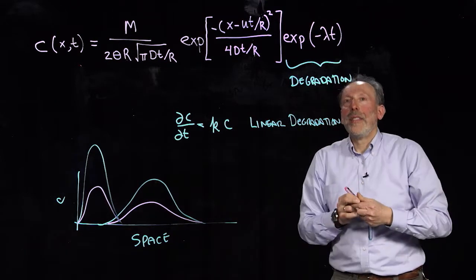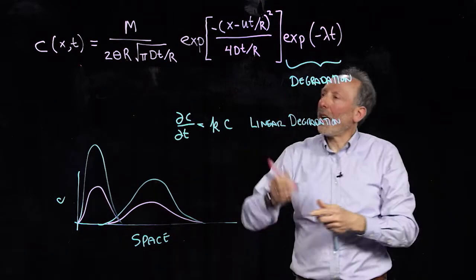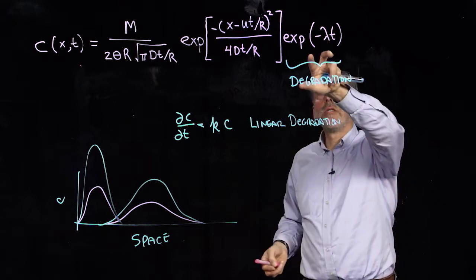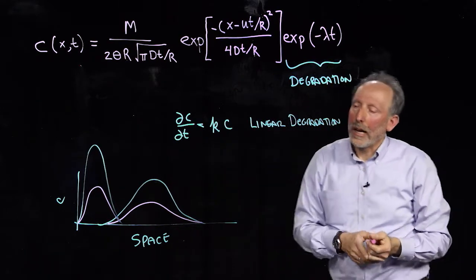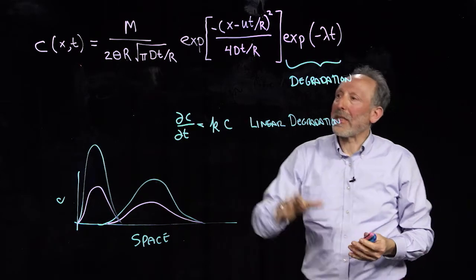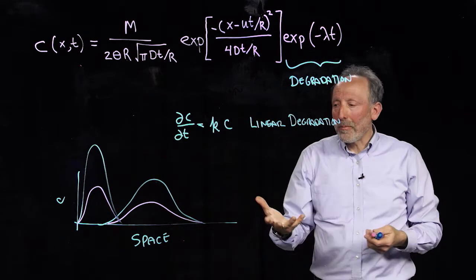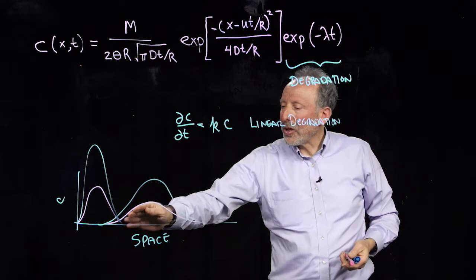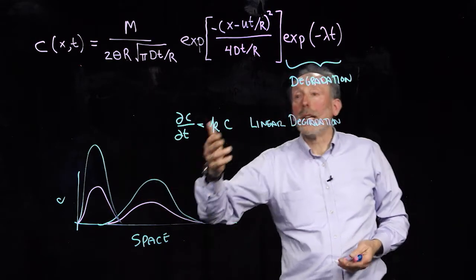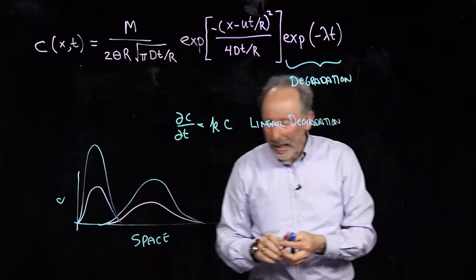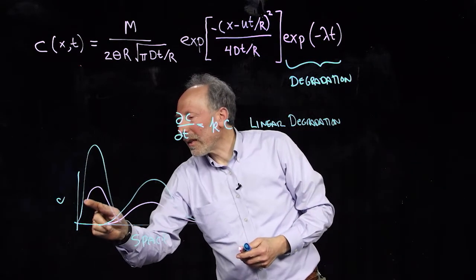And so this description of concentration in time and space under the influence of degradation actually gives rise to very, very simple mathematics, where you can add multiple plumes, and you can simply track the shape of the plume and account for the degradation by simply multiplying it by a rate of degradation. Notice that I should have drawn this one a little higher.